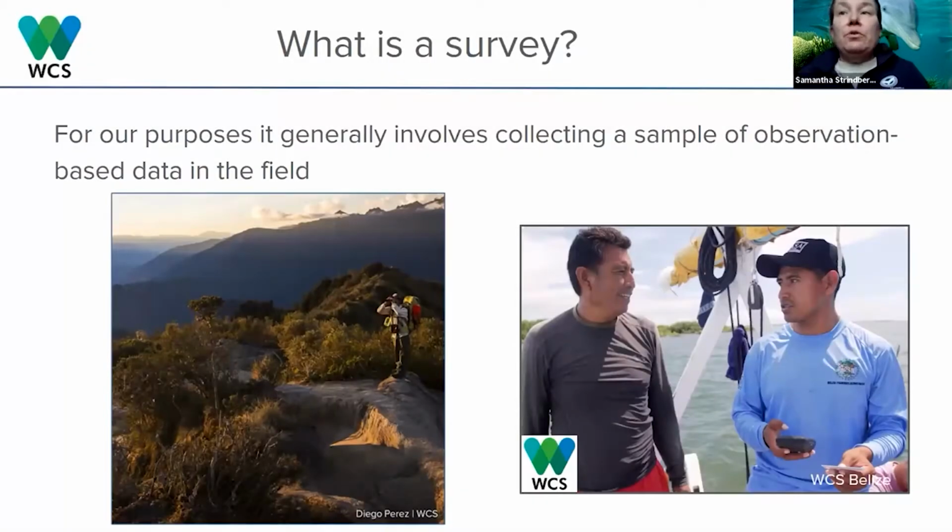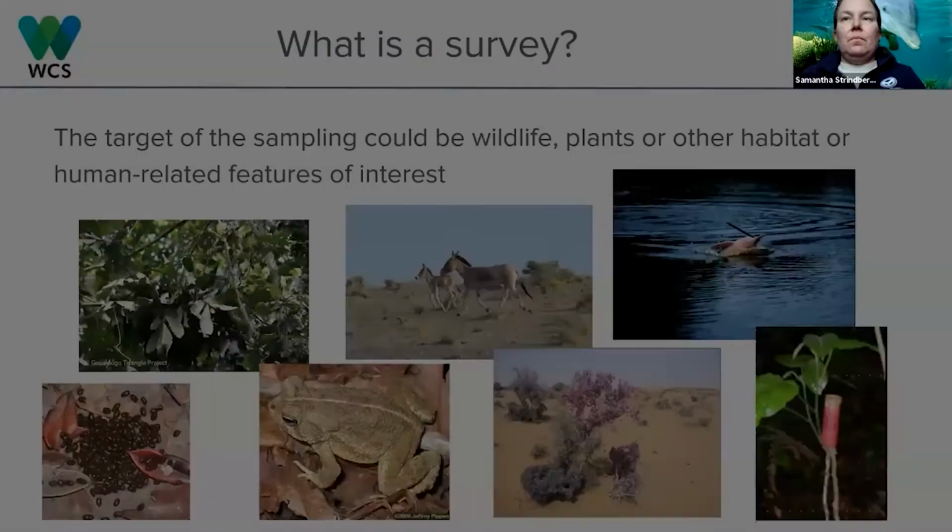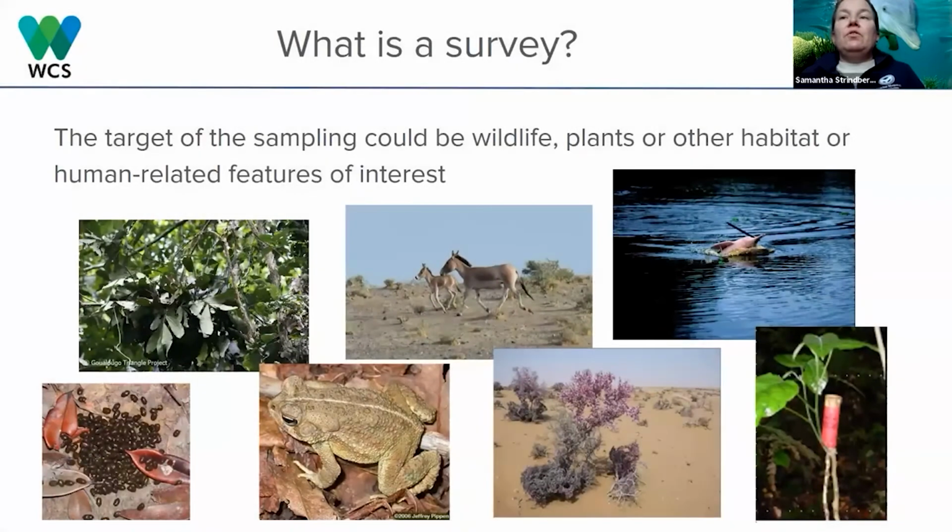Firstly, for our purposes here, when we talk about a survey, we mean the collection of a sample of observation-based field data. Generally, we mean human-based observations rather than photo, video, or other digital data. And the target of these surveys could be any of a large variety of animals, their sign, plants, habitat, or human-related features.